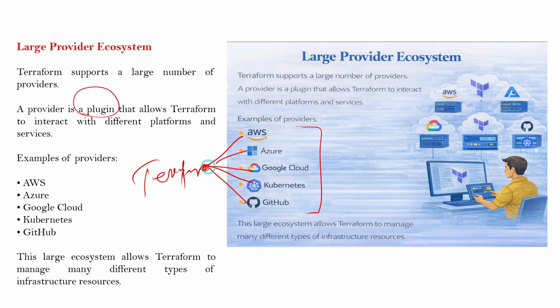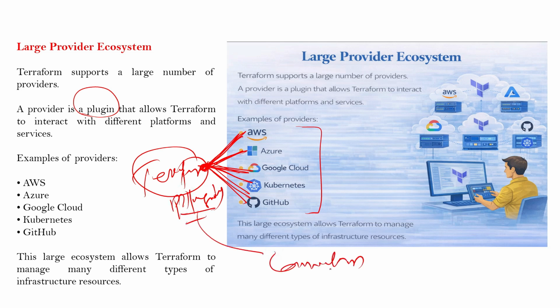To make the connection with multiple cloud service providers, Terraform needs plugins, which are also referred to as connectors. Because Terraform is going to connect to a specific cloud service provider, it needs a certain kind of plugin or connector to connect with that provider to execute our code and configure the resources.